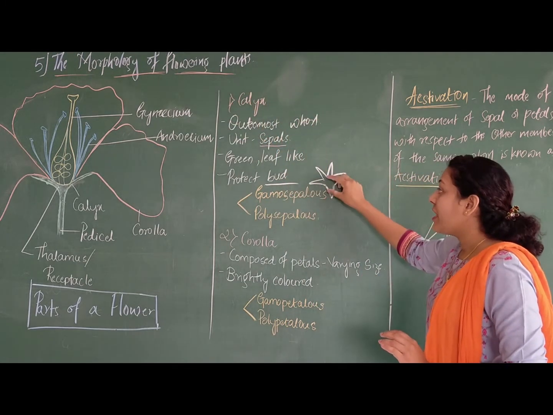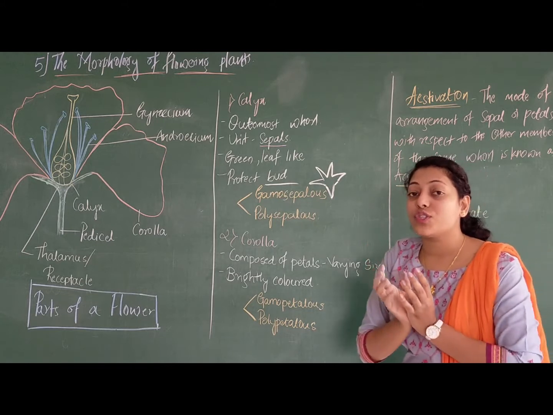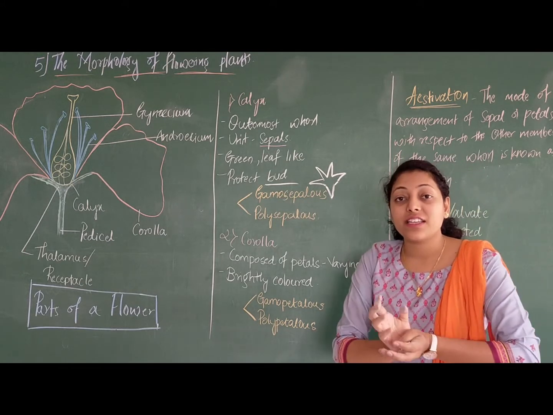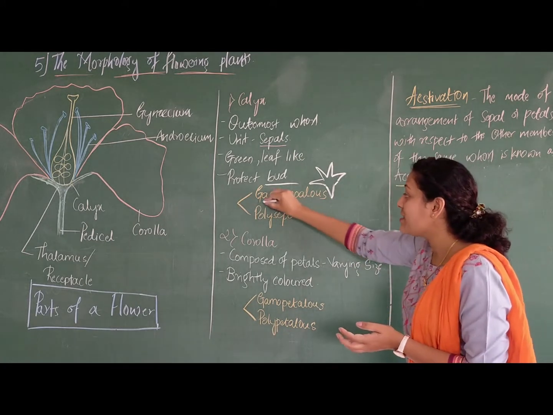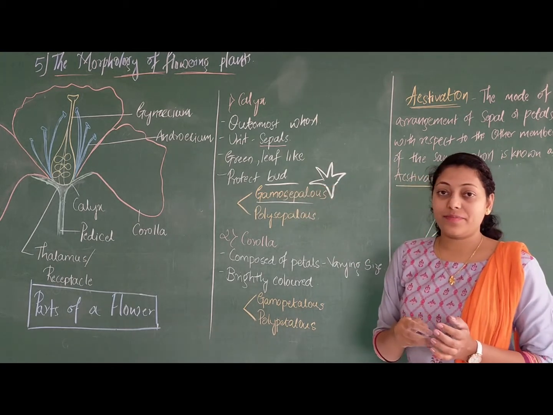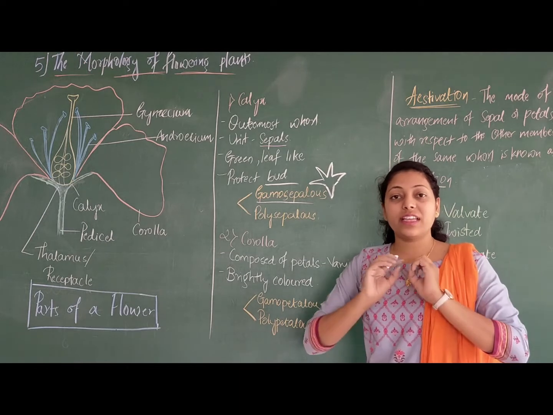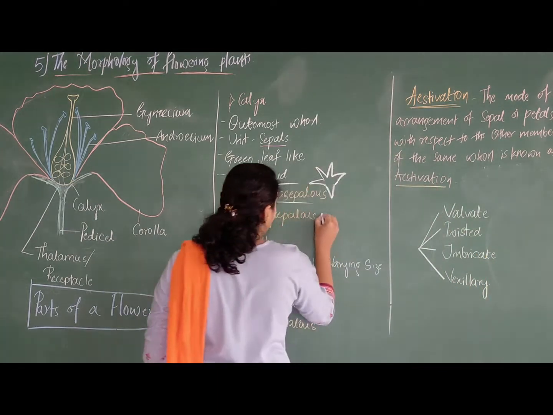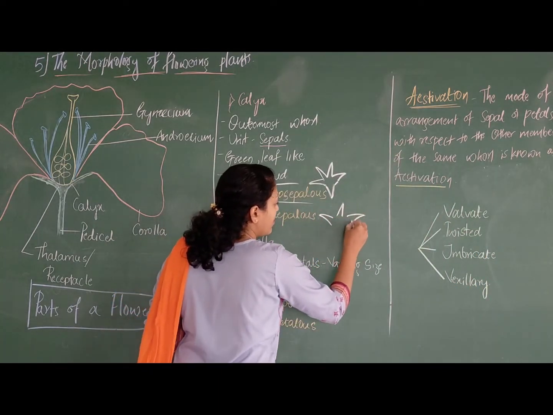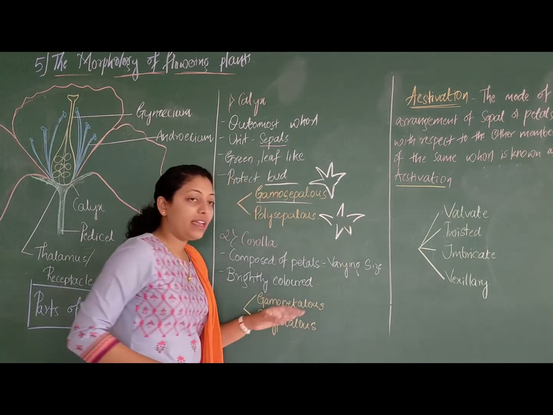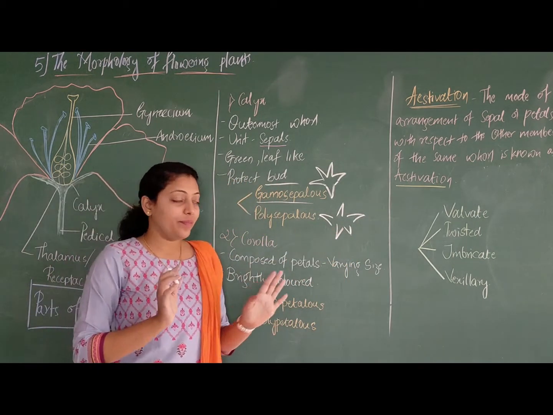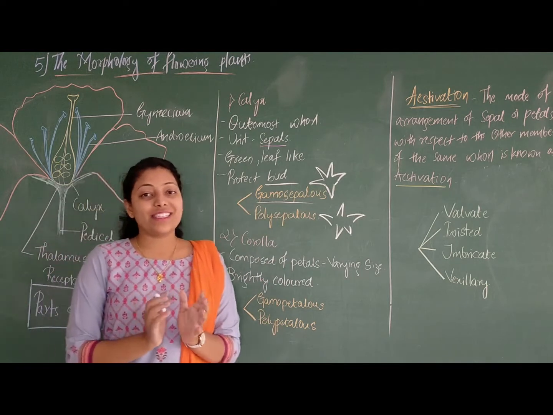So that's why if all the sepals are fused together, if all the calyx are fused together, then we call it gamosepalous. If the calyx or the sepals are not fused, they are free, like this, then we can call it polysepalous.